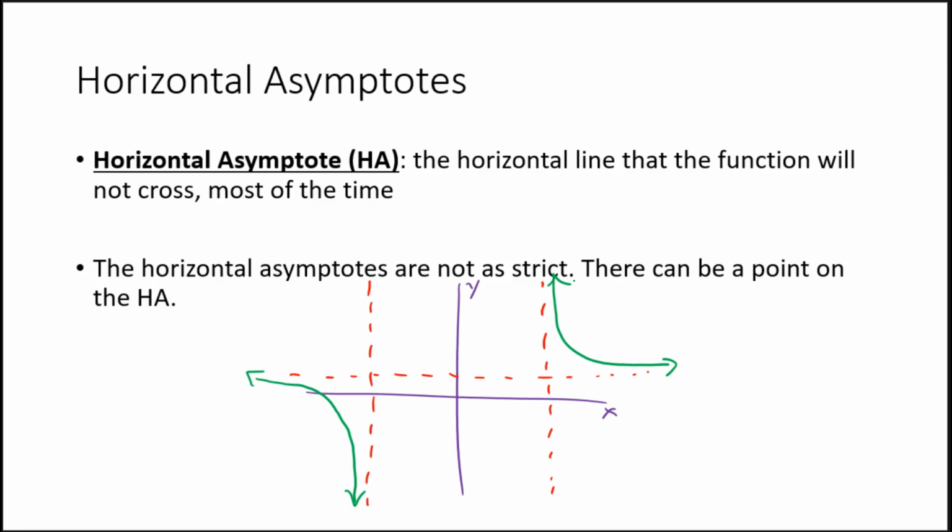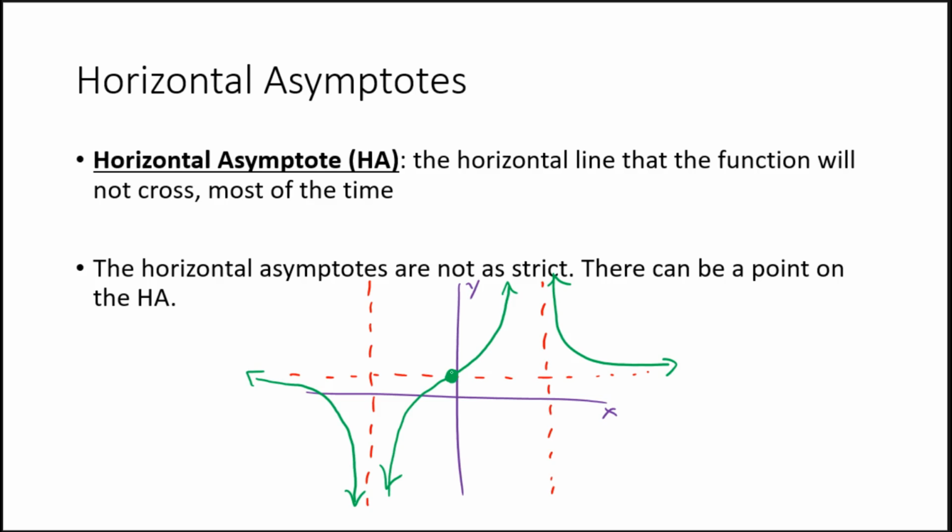Sometimes the middle is just a parabola that doesn't cross, but other times it does, kind of like a cubic function in the middle. And if that occurs, there is a point on the horizontal asymptote. Usually the only time that we cross the horizontal asymptote is when we have two vertical asymptotes.